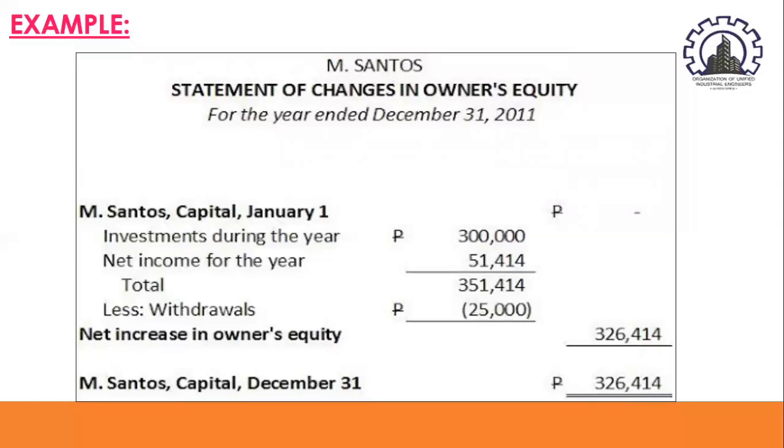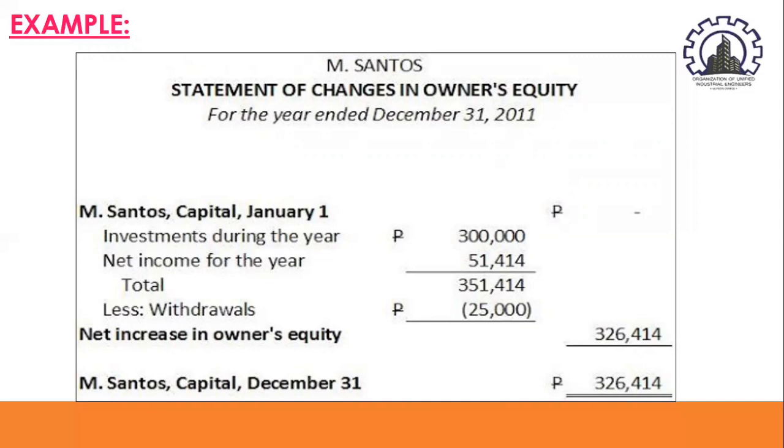So we have our business name, we have M. Santos. So M. Santos is the owner of the company. And followed by the name of the statement, we have statement of changes in owner's equity, and then followed by the duration or period. So in this case, we have for the year ended December 31st, 2011.